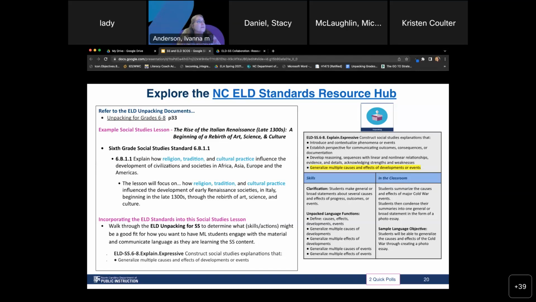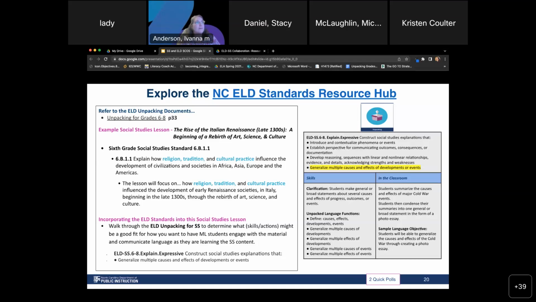So with the rise of the Italian Renaissance in the late 1300s, we're going to look at the beginning of the rebirth of the arts and science and culture. And so the 6th grade teacher pulled out about 2 or 3 different objectives. And of those, one of them is from the behavioral strand in social studies for 6th grade, which is 6B 1.1.